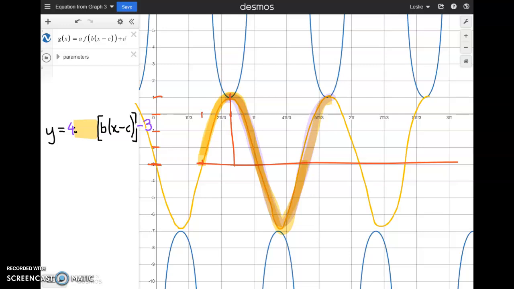Let me use a highlighter that's a little different here so we can see what's going on. I'm either looking for this value of x or this value of x. Well, neither one of those looks like it lands on a pi over 6 or a pi over 4. But let's just take a moment.